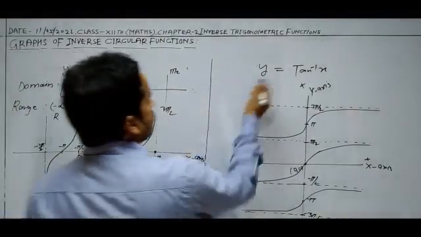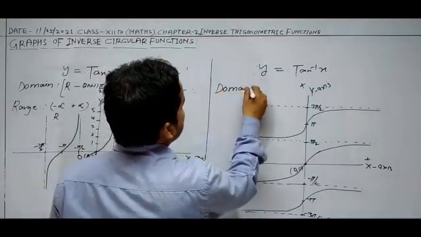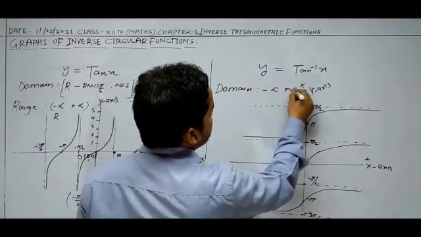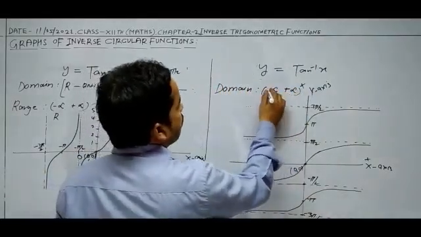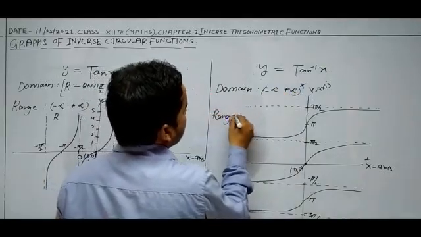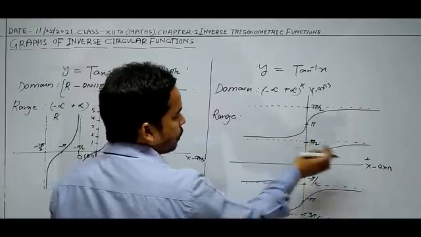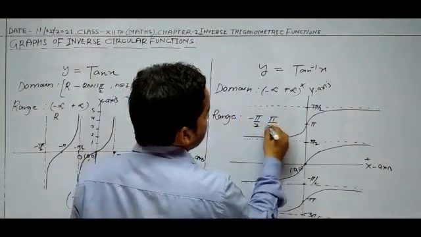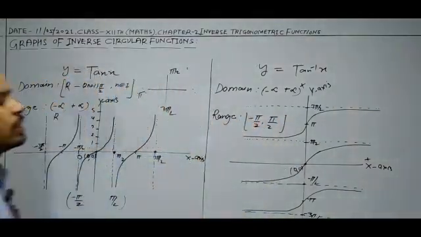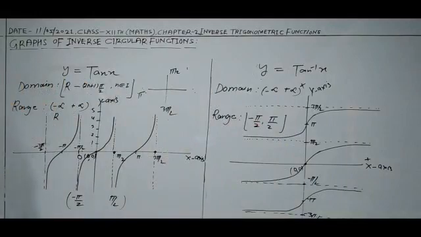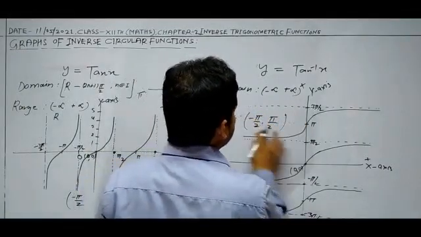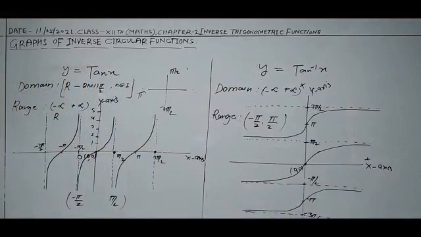So for tan inverse x, the domain is the set of real numbers, minus infinity to plus infinity, and the range will be minus pi by 2 to plus pi by 2, in restricted open intervals, not closed intervals, because minus pi by 2 to plus pi by 2 in open intervals goes to infinity and minus infinity.